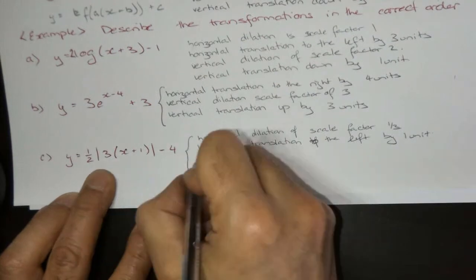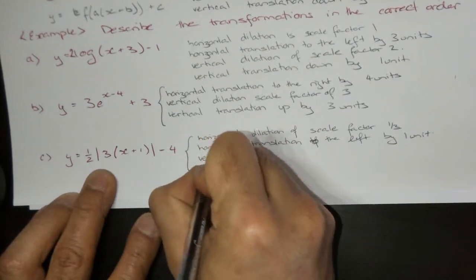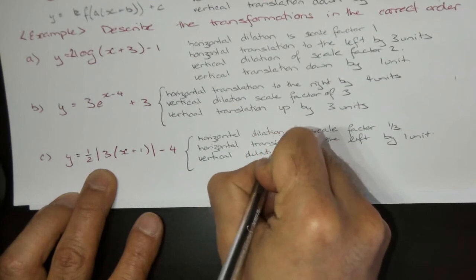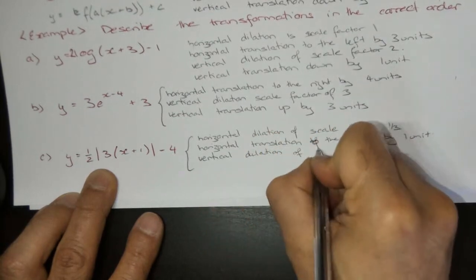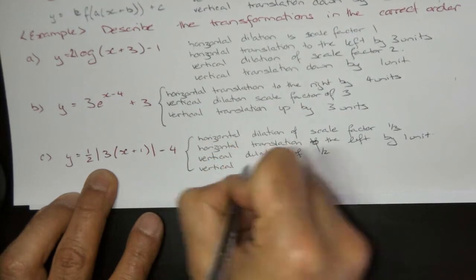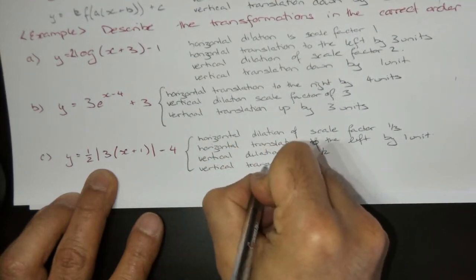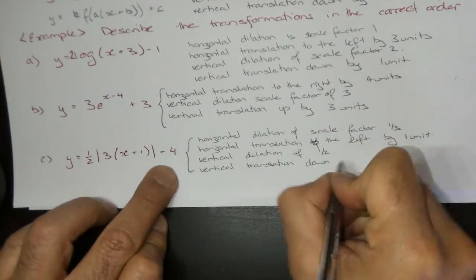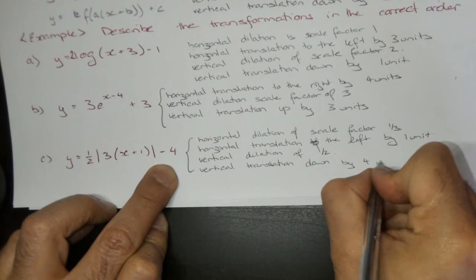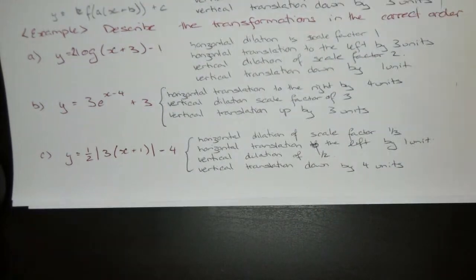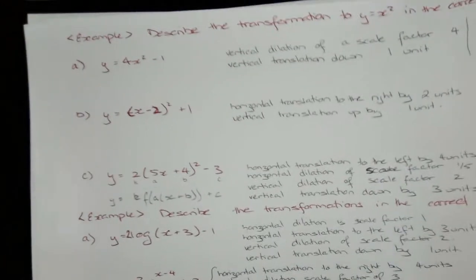We've got a vertical dilation of a half and a vertical translation down by 4 units.